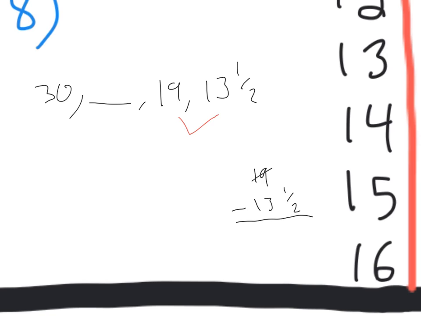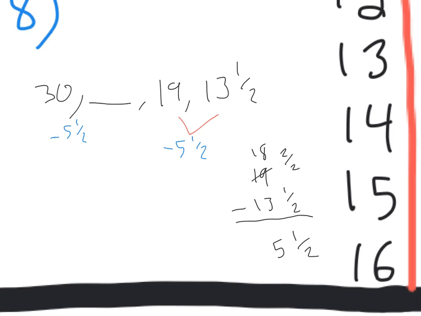So let's go ahead and borrow that and make 2 over 2. So this would actually be 5 and a half. So this value is decreasing 5 and a half. So what that means is if we take away 5 and a half from our 30, that will actually get you the next number in the sequence.